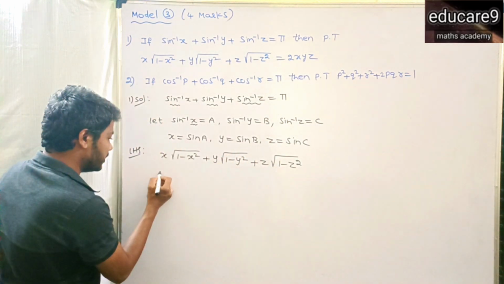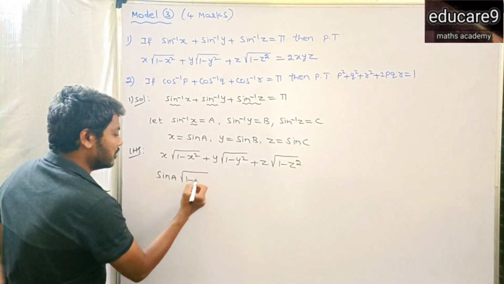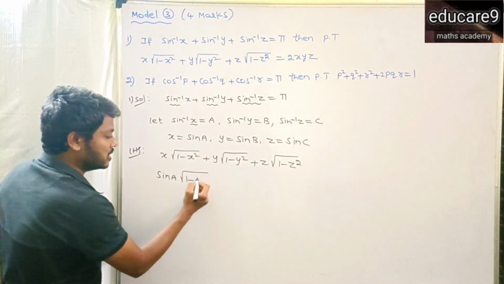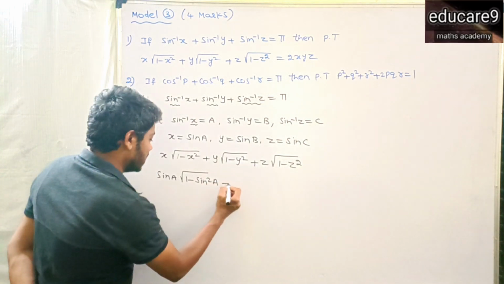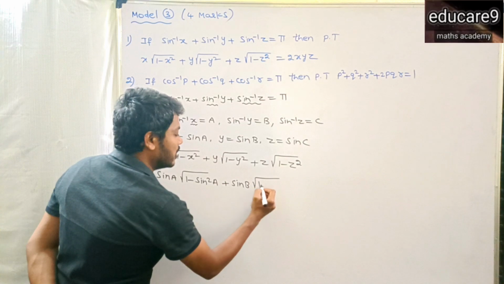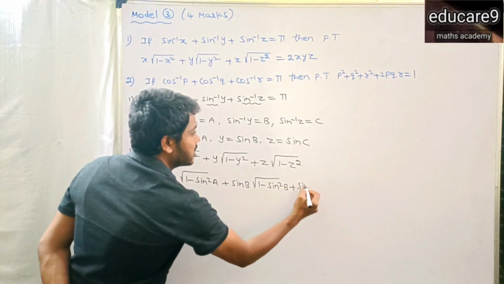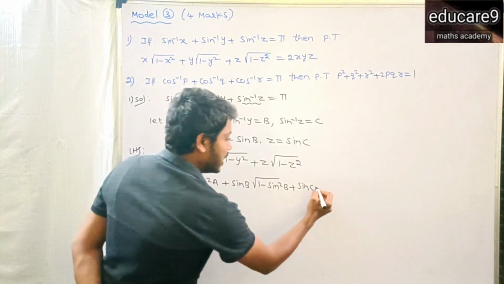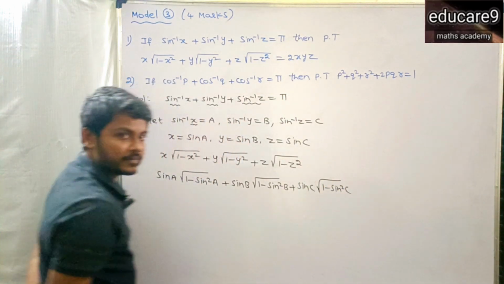First x value: sin A into under root 1 minus x square, that is sin square A. Similarly for the remaining: sin B into under root 1 minus sin square B plus sin C into under root 1 minus sin square C.